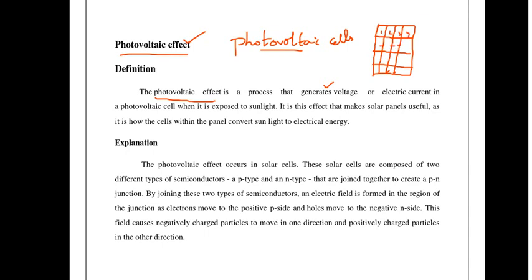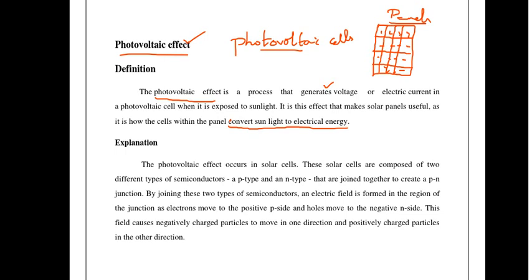Likewise, these are cells, and together they are called panels, solar panels. These solar panels are useful to convert solar energy into electrical energy. So using this principle, the conversion is taking place.